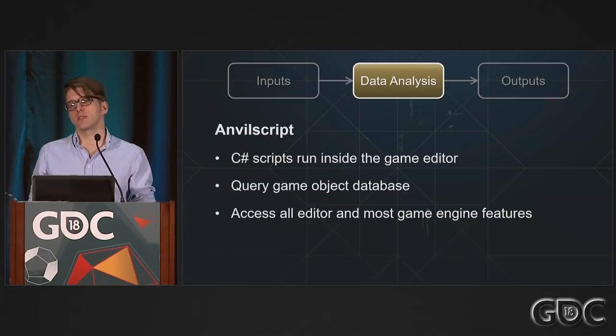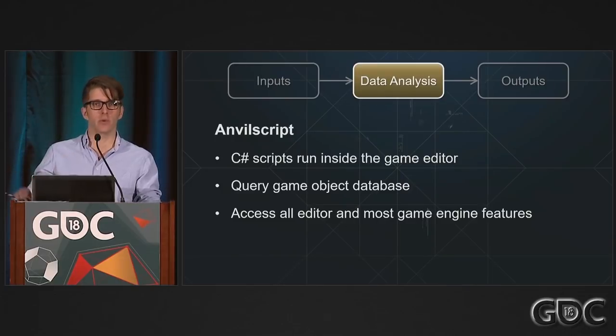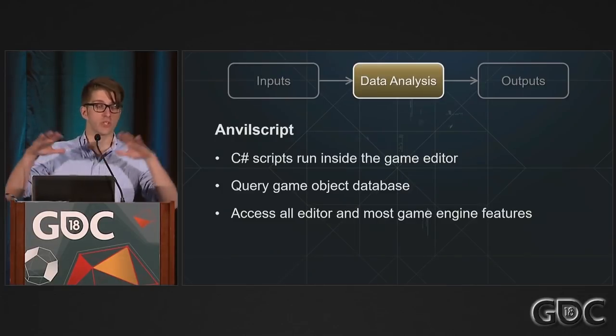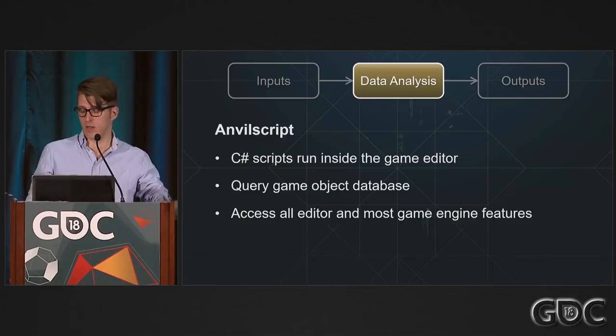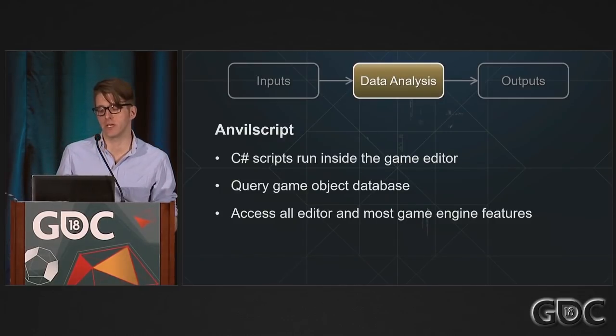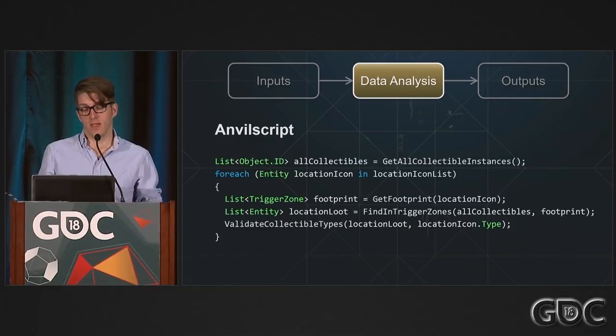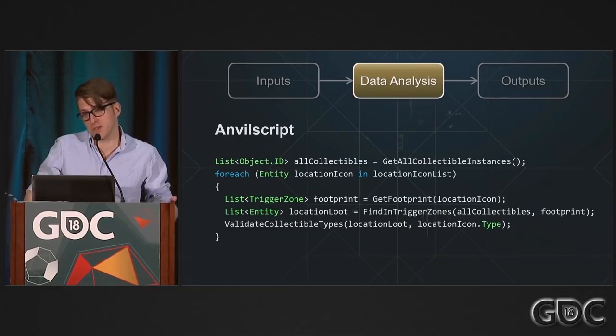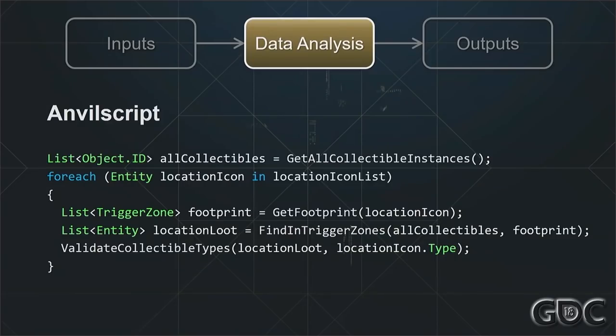And I also have access to all editor features and most game engine features. So we can do raycasts to query the collision information of the world. We can do shapecasts. We can do pathfind tests on the AI network to make sure that people can reach their locations. And this is some code, because it's cool to have a code slide.